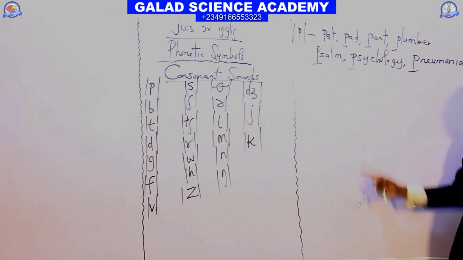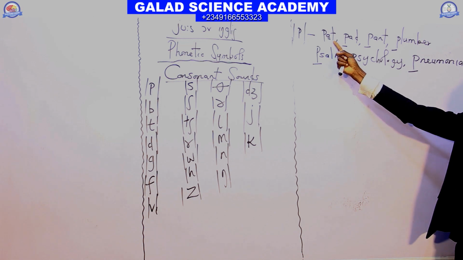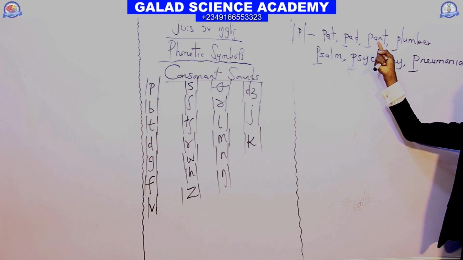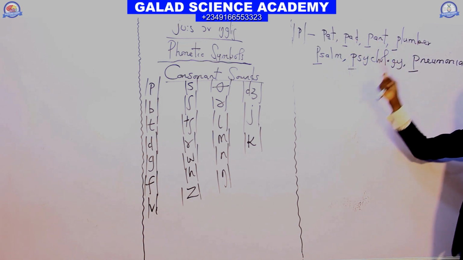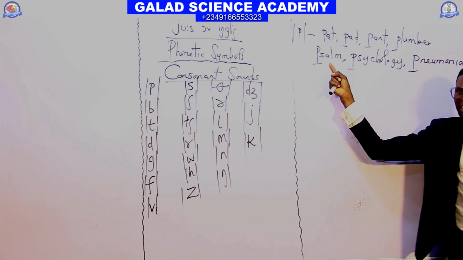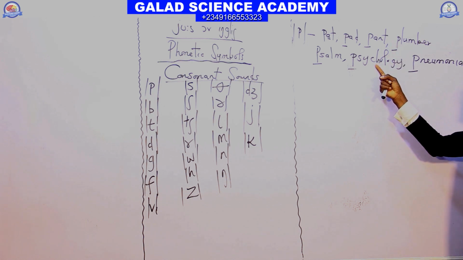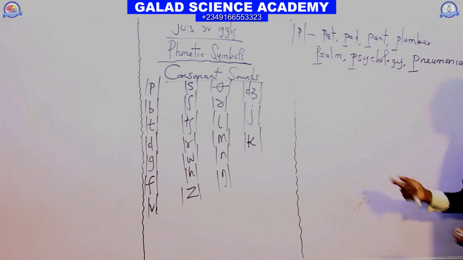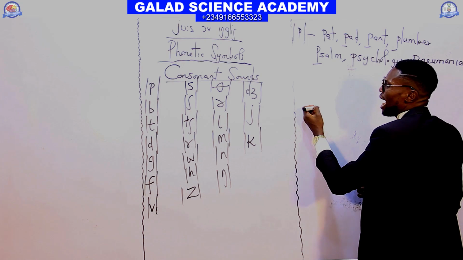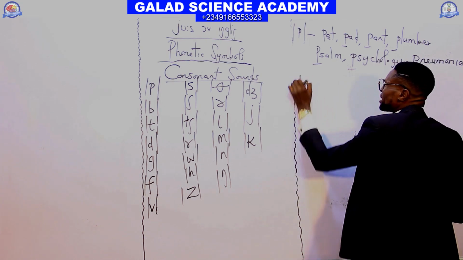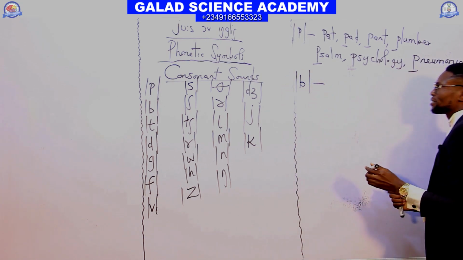So when it is voiced, as in pat, pad, pan, plumber. And when it is voiceless, like psalms, psychology, pneumonia, and we have other words. Very fast. I would also love to take this sound that is next.